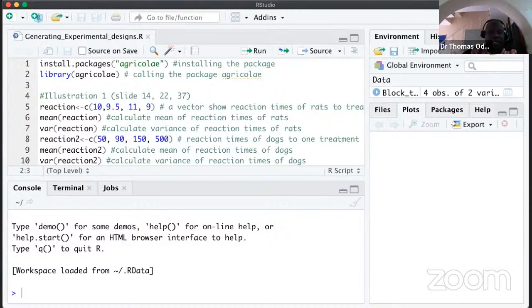Okay, that's fine. So how many people have installed Agricole? Can I see in the chat how many people have installed Agricole? Okay.